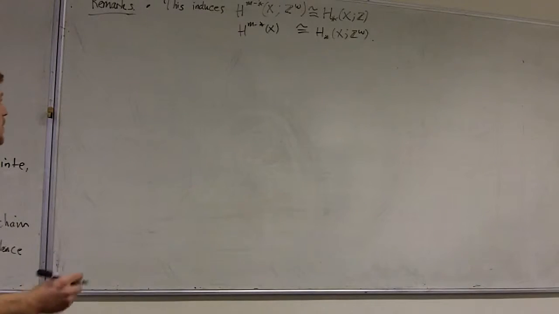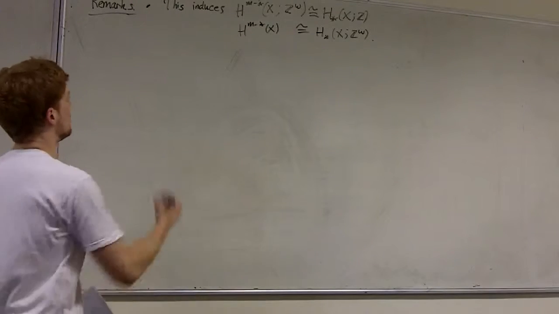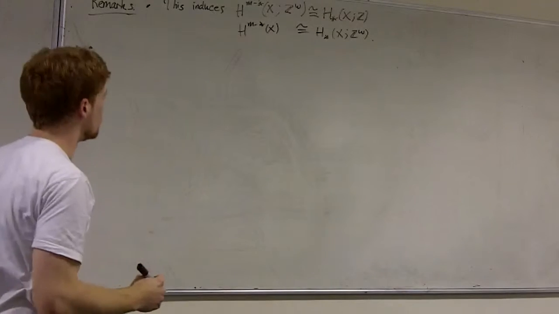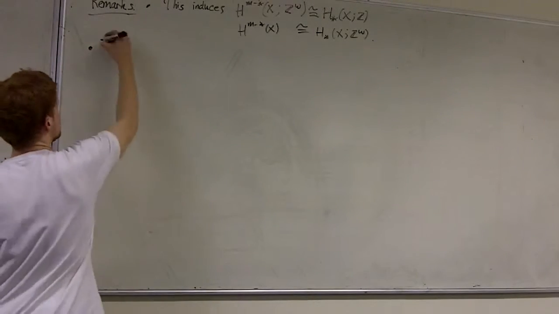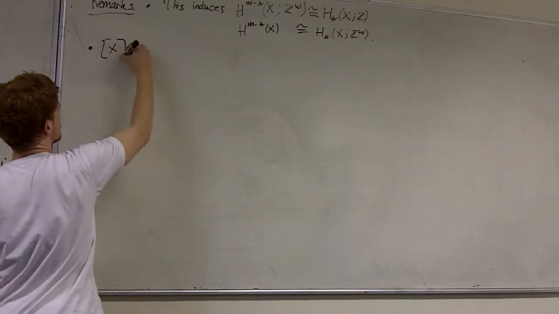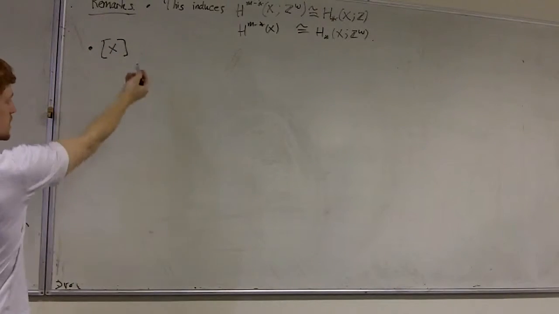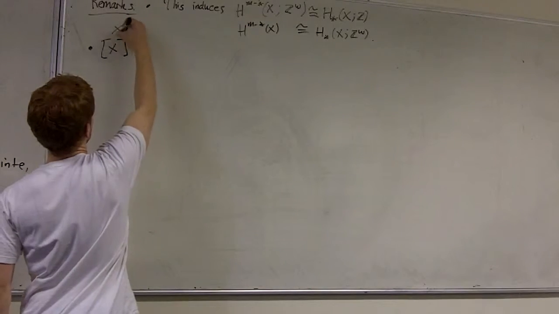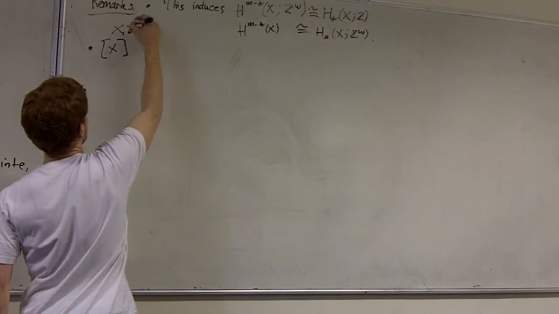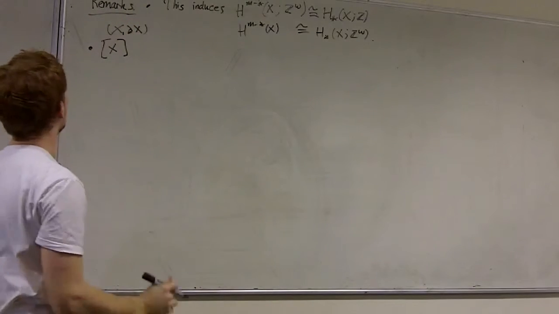Another important thing that we're going to use quite a lot is that this works for CW pairs. I'm not going to run through the whole thing again, but the change we need to make is that the fundamental class is sometimes written relative to the other part of the CW pair. My CW pair is going to be X, boundary of X, suggestively.